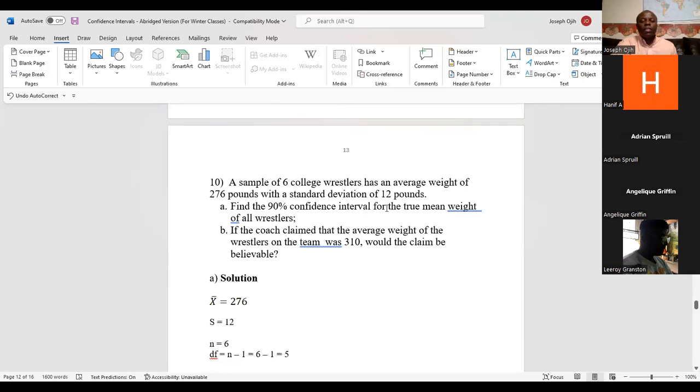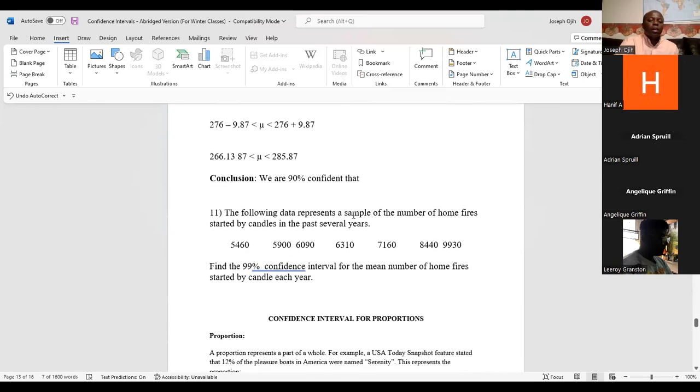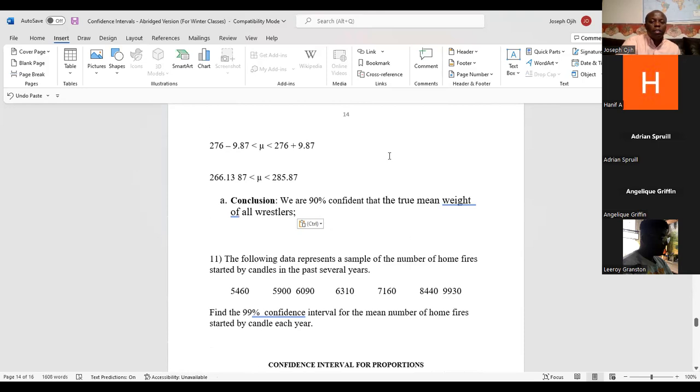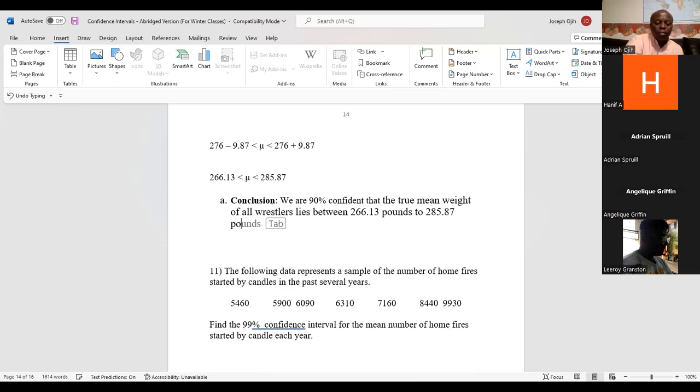We can say with 90% confidence that the true mean weight of all wrestlers lies between 266.13 pounds and 285.87 pounds, based on the sample of 6 wrestlers.